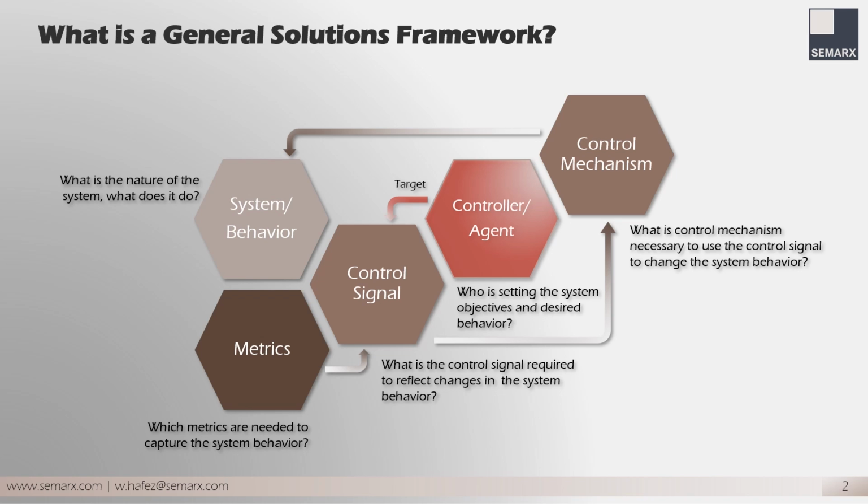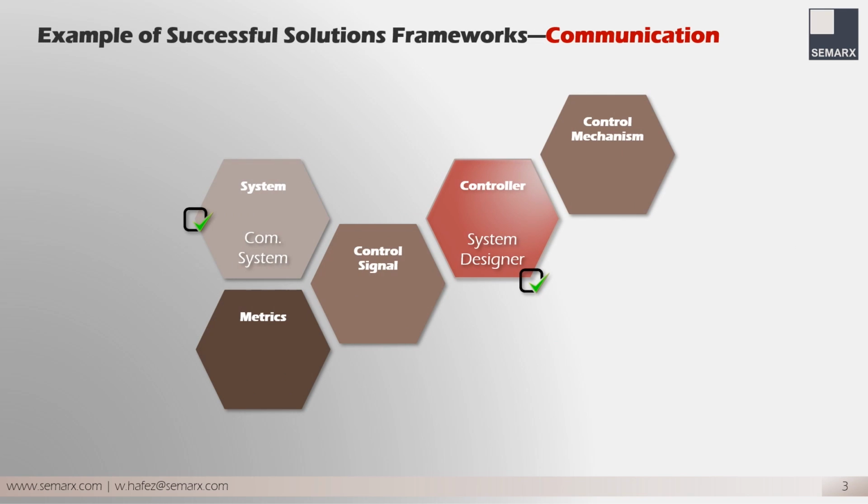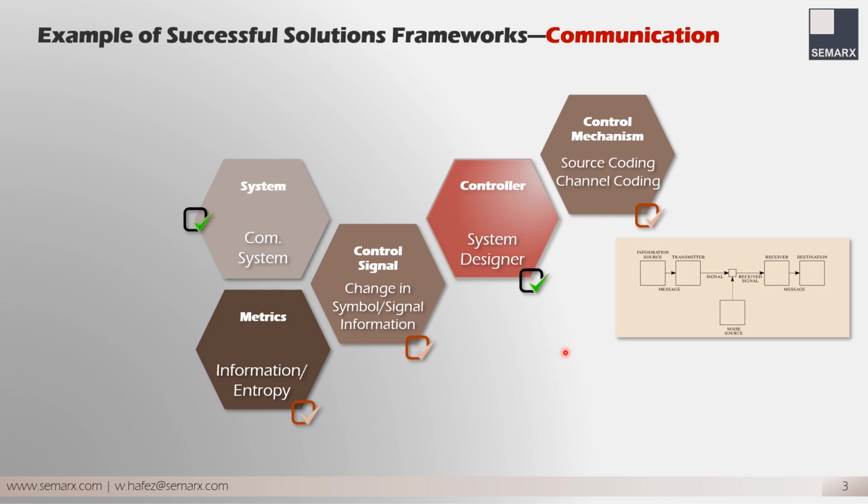An example of this framework that is most relevant to us is communication theory. At the time, again, the 50s, the system was known and the controller was known, the designer, and the contribution and breakthrough came when it was identified what to measure and how to change those parameters.